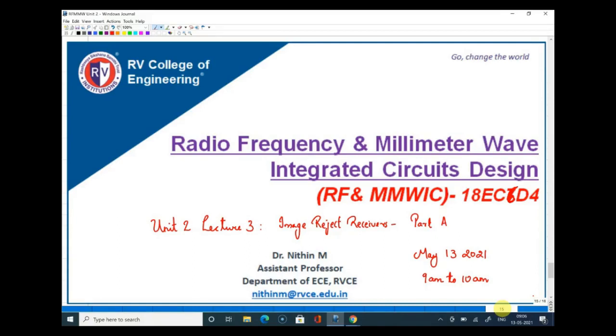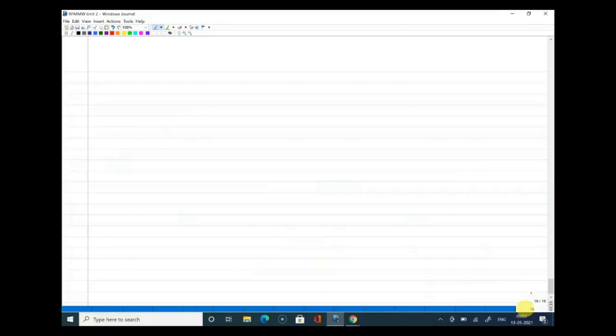Instead of filtering, we use a method of suppressing the image or cancelling out the images, right? So thereby the whole idea of image reject receiver is basically to come out of the trade-off between the image rejection and channel selection. That is the idea behind this image reject receiver.